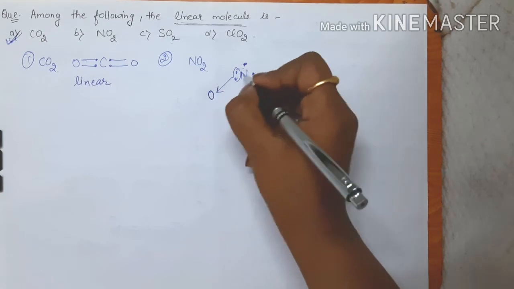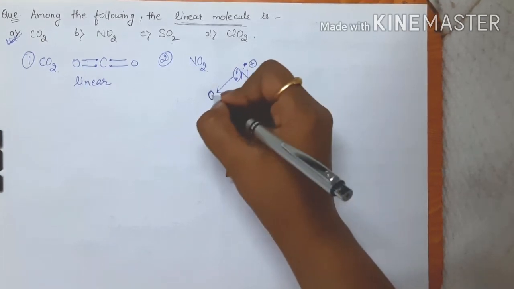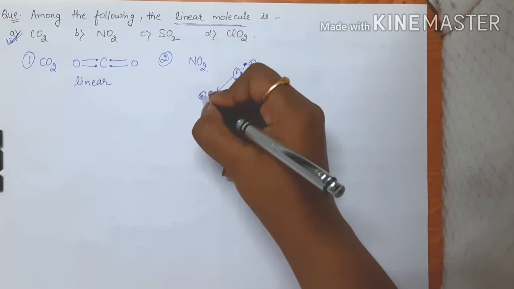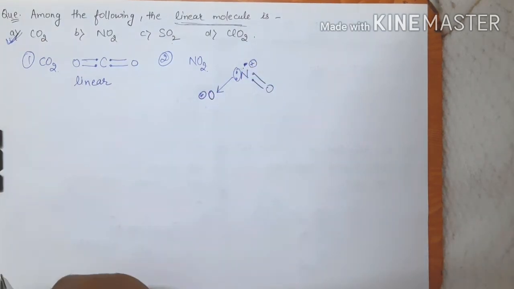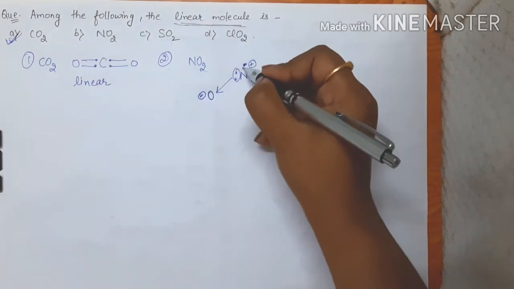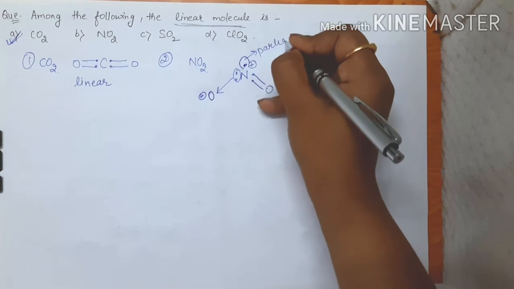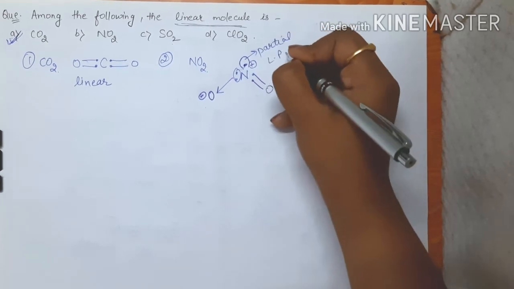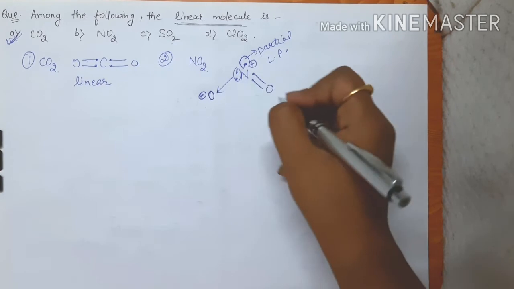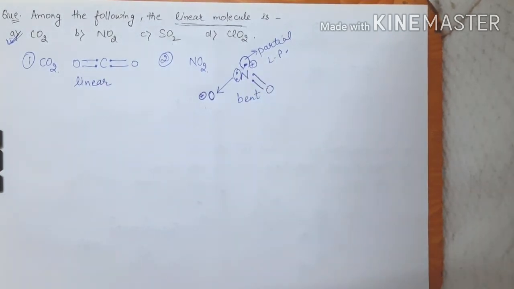Because it has donated, it will be having positive charge, and because it has accepted, it will be having negative charge on it. So this is basically the structure of NO2, where this nitrogen is having this partial lone pair on it. So the shape is bent. This is the second molecule.